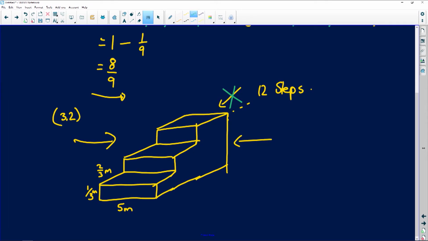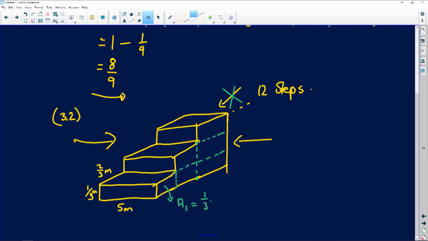Okay. Now we can see that these two sides are congruent. We need to find the dimensions of each one of these. Okay. Now let's have a look. Let's just do this so you can see where it comes from. Our first area that we're going to need here is simply going to be 1/3 times 2/3.